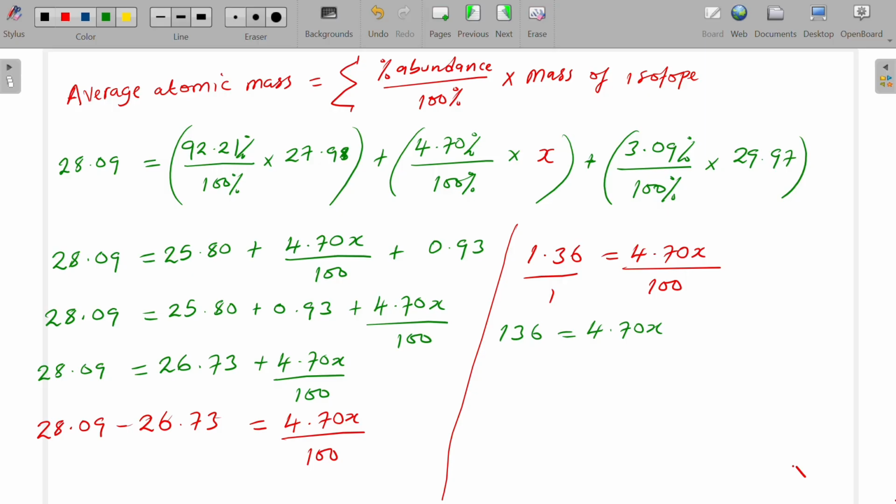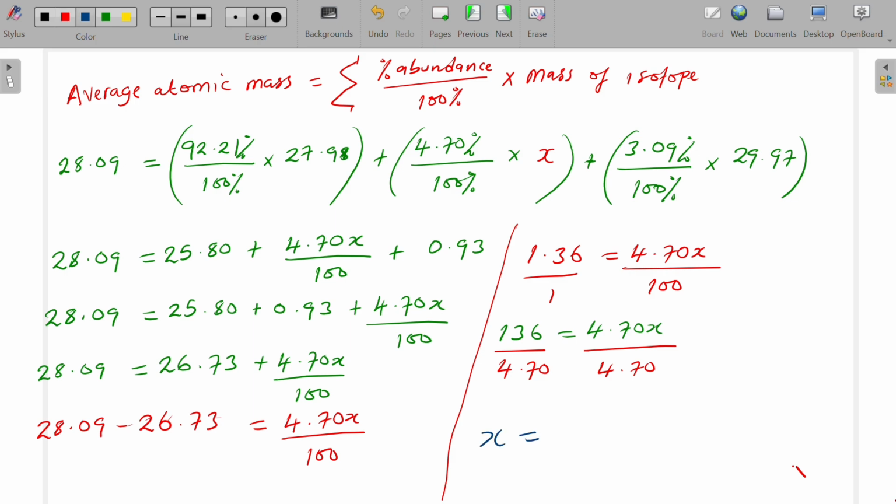We're looking for the value of x, so we'll divide by 4.70. Even this side, we are doing the same. Divide by 4.70. Then this will give us our value of x.